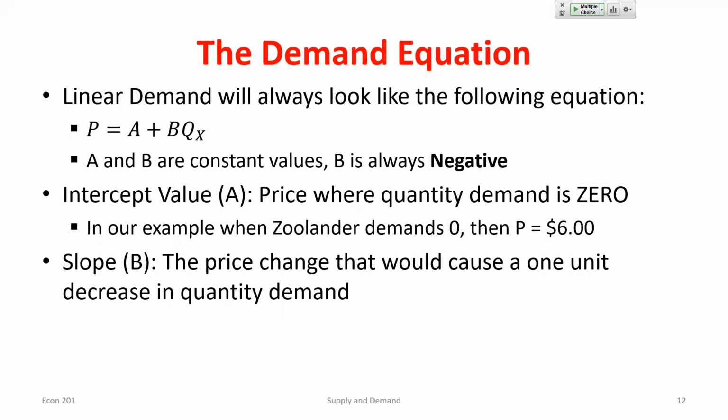And we said people will always choose to buy something as long as the marginal benefit is greater than or equal to the marginal cost. If those two things are equal, the person's no better off or no worse off, so we say they're indifferent, but we always include that equality to make it a little bit easier. As long as that marginal cost of $5 is less than or equal to their marginal benefit, they would choose to purchase that good.